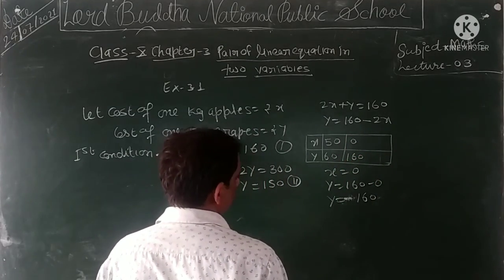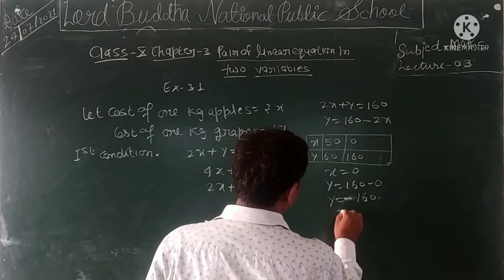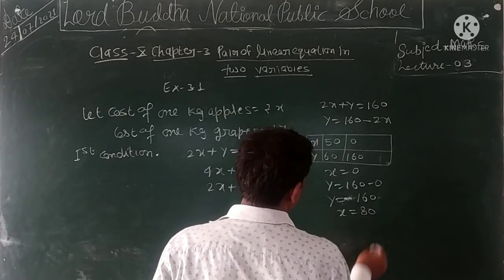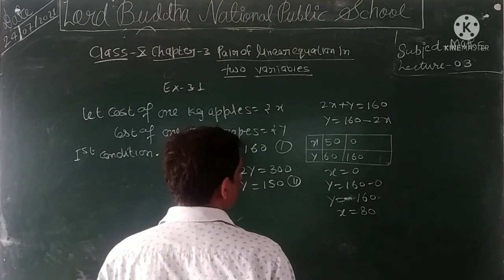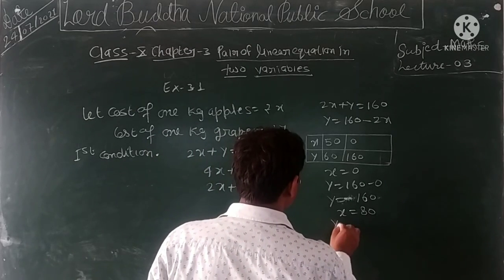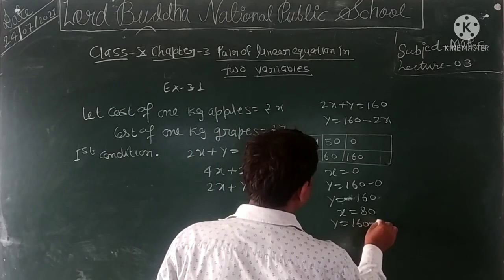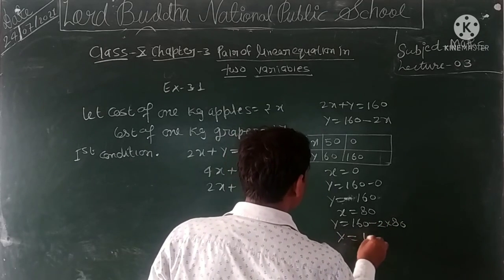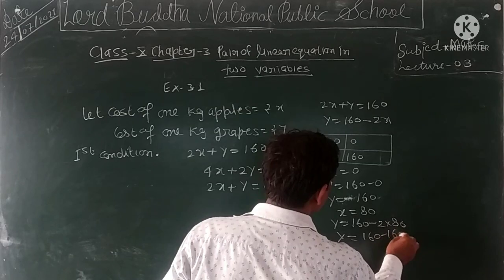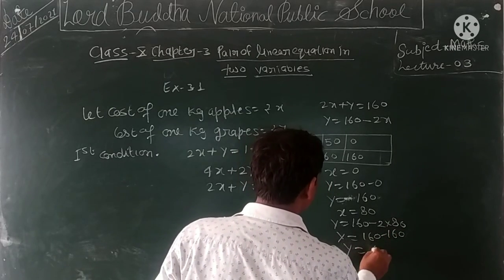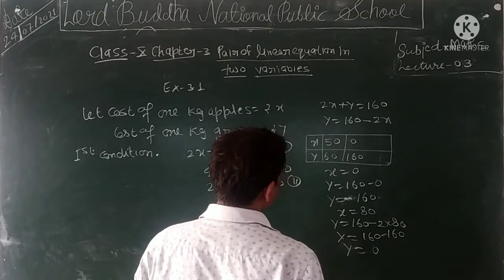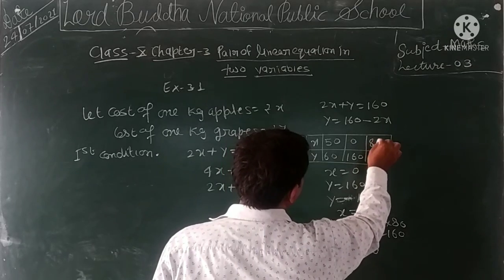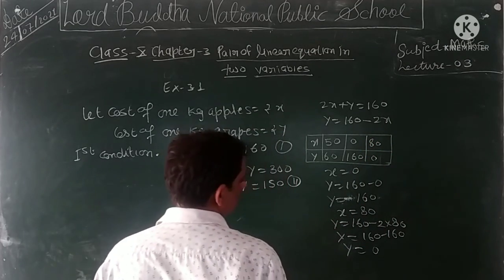Now we take X equal to 80. Then Y equal to 160 minus 2 into 80, or Y equal to 160 minus 160, so Y equal to 0. That means when X equal to 80, Y equal to 0.